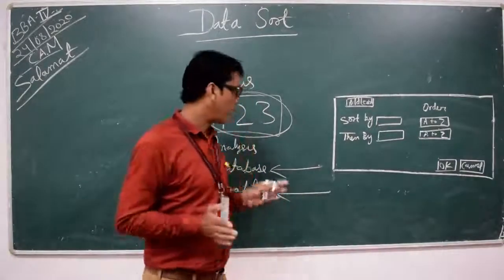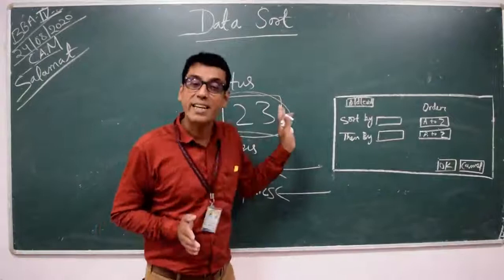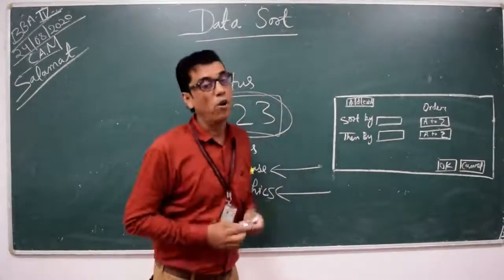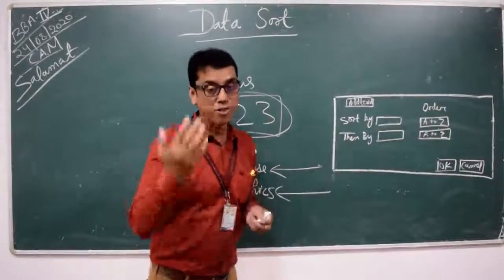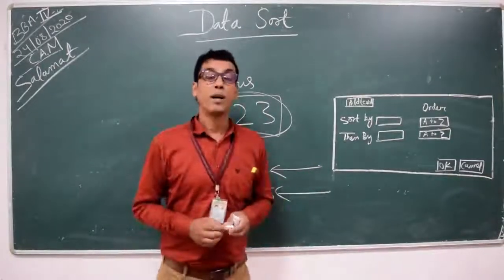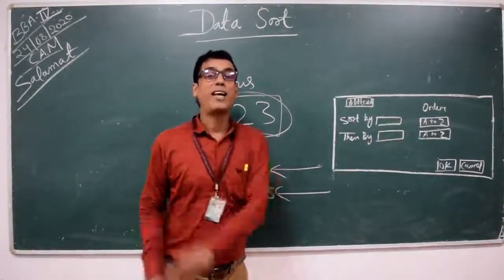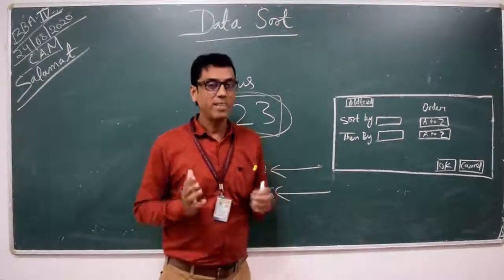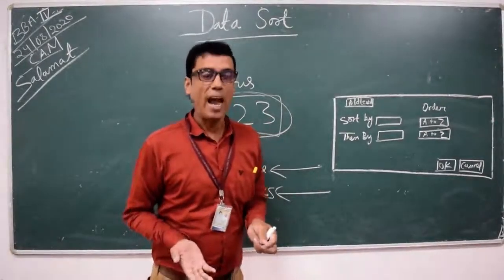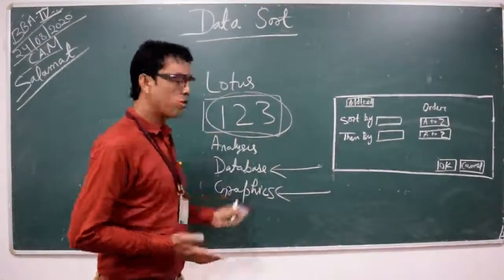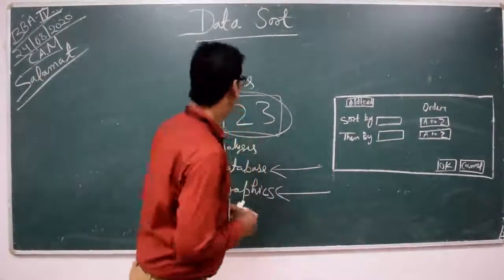Lotus was providing the 1, 2, 3 facility, and Excel was also providing all these 3 facilities. Most of us use Excel for analytical work, but we must know that Excel also provides the facility to use this software as a database software. And business graphics is also very famous, and we do it often.